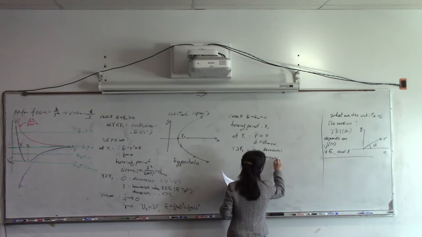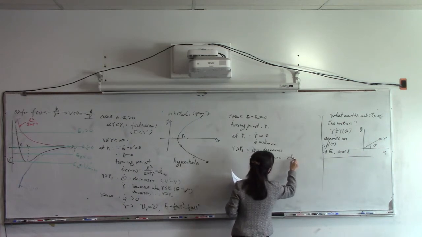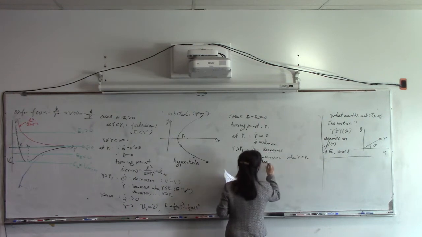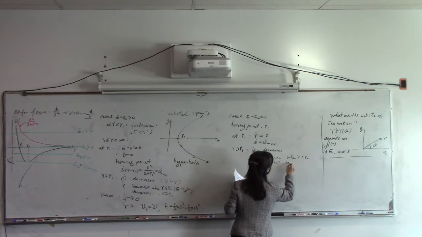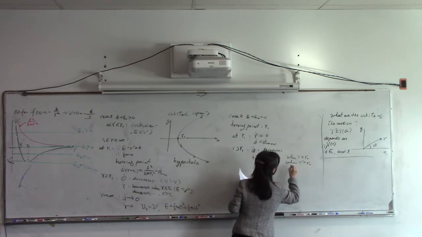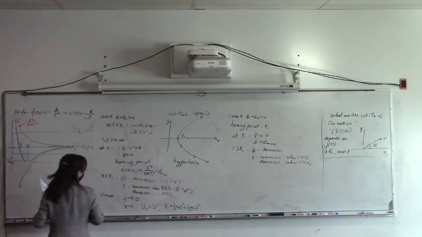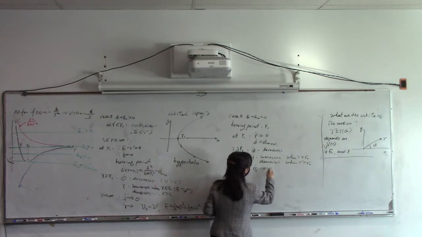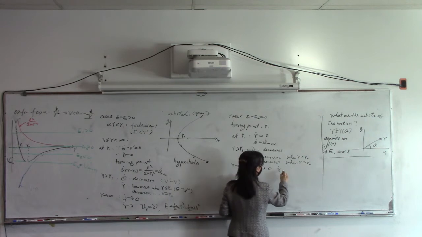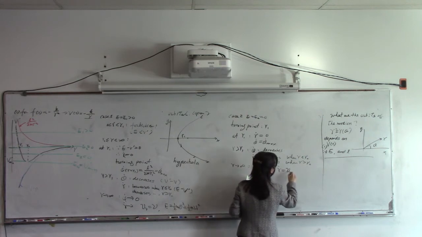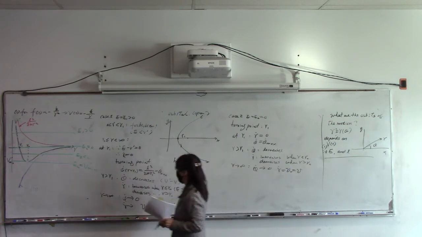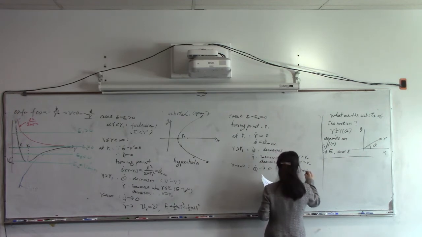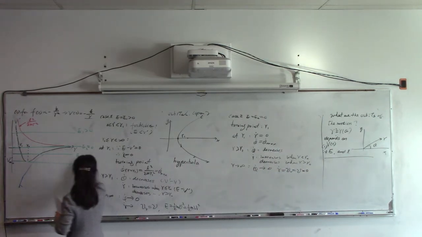It increases when R is smaller than R not, and decreases when R is larger than R not. And then again, when R goes to infinity, theta dot goes to 0, and R dot is equal to V, but V is, in this case, since the energy is 0, right?